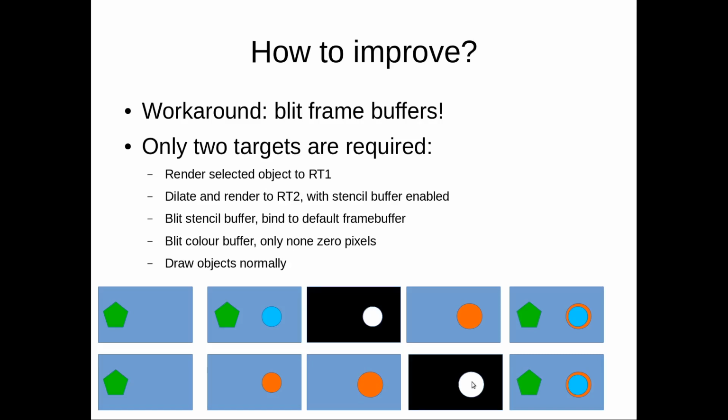We only enable overwrite at non-zero zones, which means only this circle is blitted to this image here. You see? And next, we continue the normal rendering. We render the original selected object here. In this way, we get a simplified version of object highlighting.